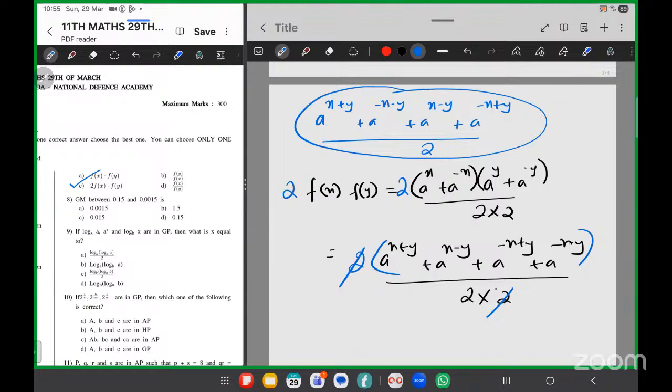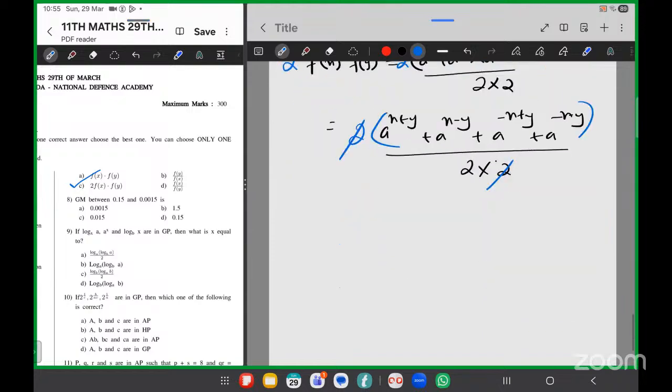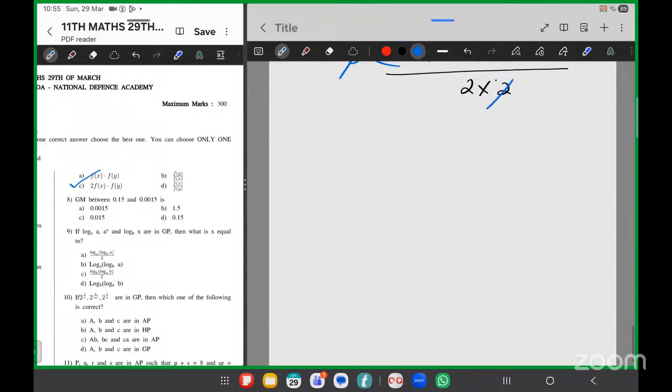Then question number 8. Geometric mean is actually the root of AB. If two numbers are A and B, the geometric mean is root of AB. So you can write root of 0.15 into 0.0015. So 15 into 15 is 225, so it will become 15.